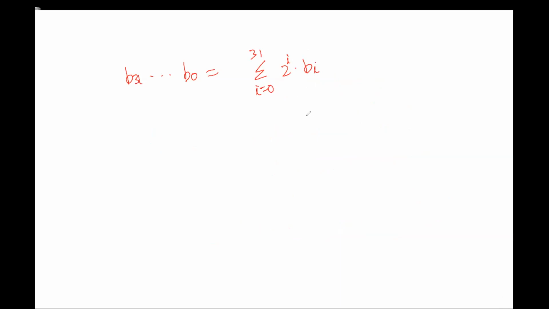We can do one interesting thing here: I will try to rewrite this summation in a particular way. That is B3 into 2 cube plus B2 into 2 square plus B1 into 2 power 1 plus B0 into 2 power 0.